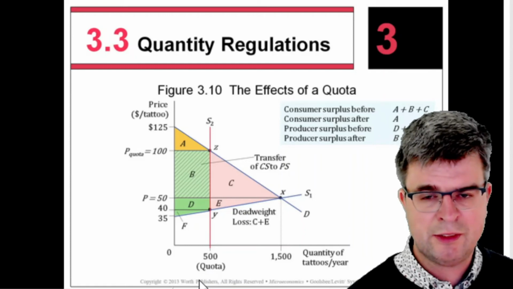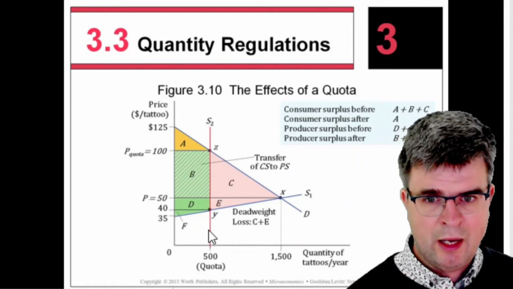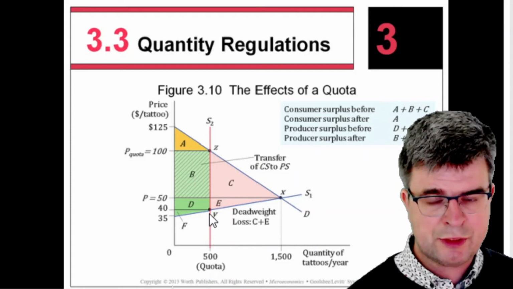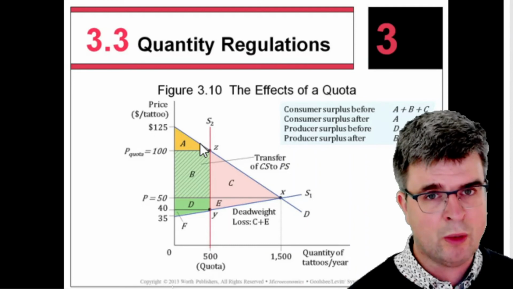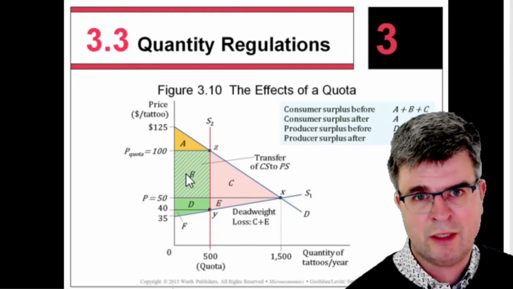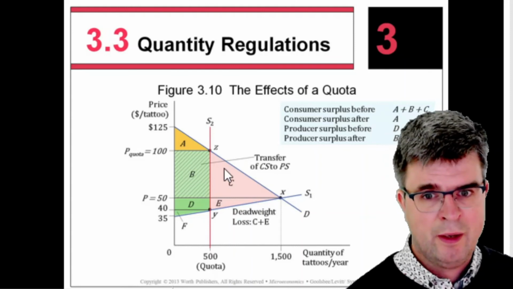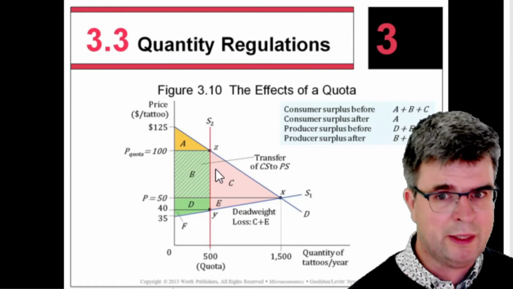Now, in this case, similar story. People who succeed in getting a tattoo, we suppose that these are the people who are willing to pay most for a tattoo, because maybe they are most actively looking for it, and they will always be able to buy a permit to get a tattoo from someone whose willingness to pay is less.